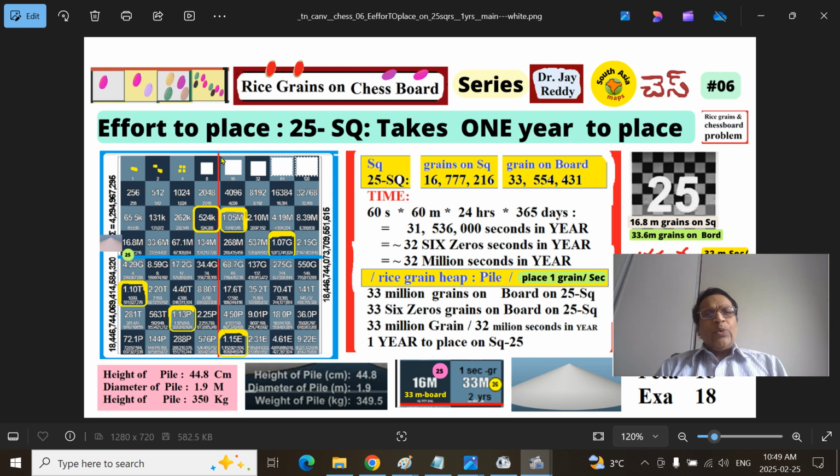If you have a chessboard here that has 64 squares, and you are adding the rice grains, 1, then next square 2, then 4, then 8, like that, how much time does it take? If you are putting 1 grain per second, it will take 1 year just to fill the 25th or 26th square on the board.